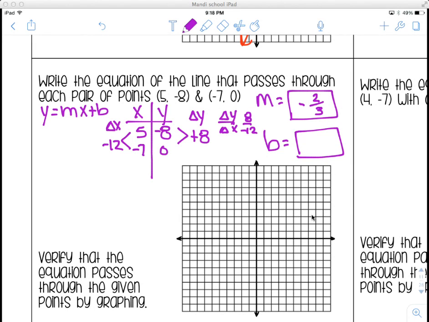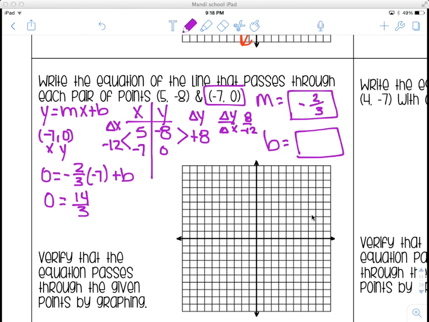So pick a point. This time I'll pick the second one, because it doesn't matter which one you pick. So we're going to substitute in our y equals m times x plus b. So 0 equals 14 over 3 plus b. Subtract 14 over 3. So b is negative 14 over 3.